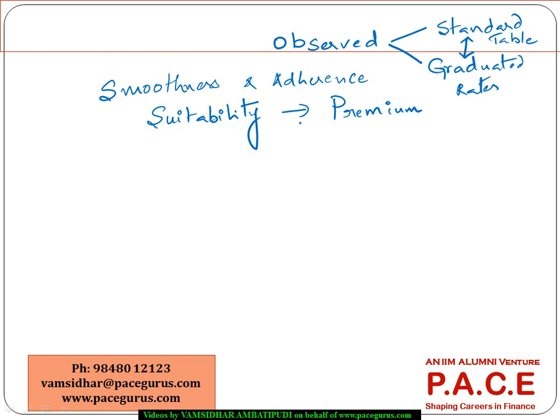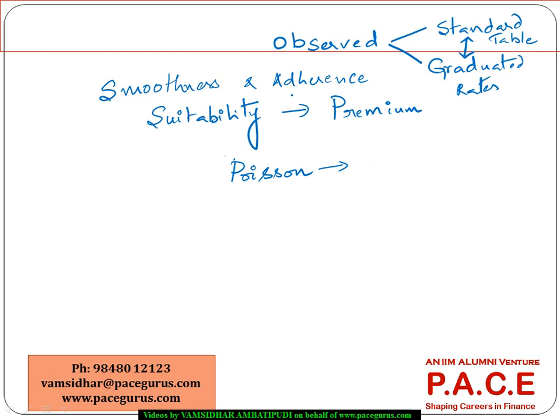Now the actual thing comes, when I am trying to compare the actual mortalities with respect to the graduation, if I am using, let's say, a Poisson model for graduating or smoothing. Then I can use the graduated distribution as the Poisson distribution.